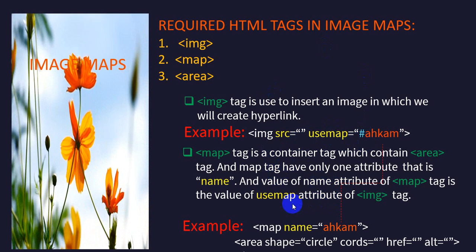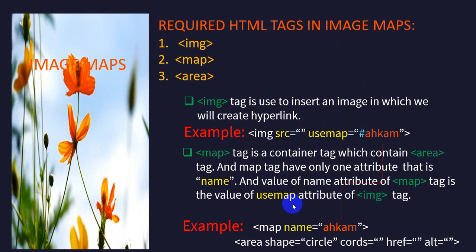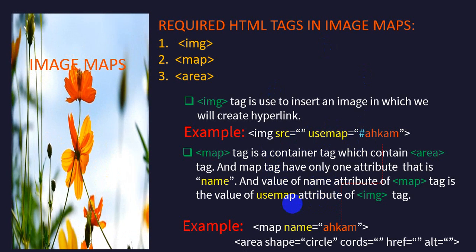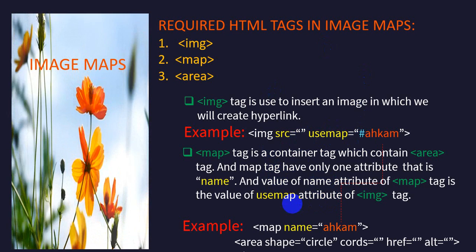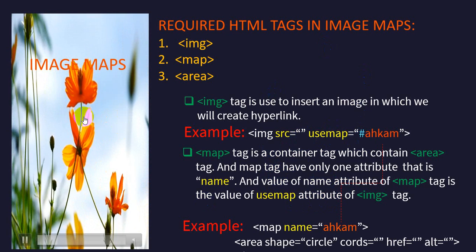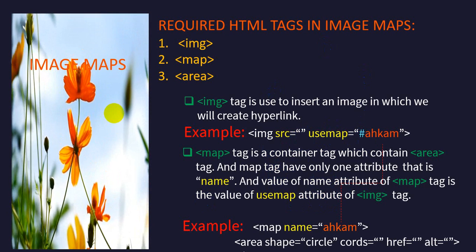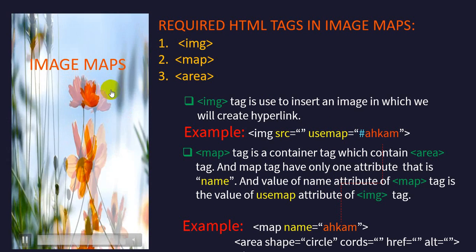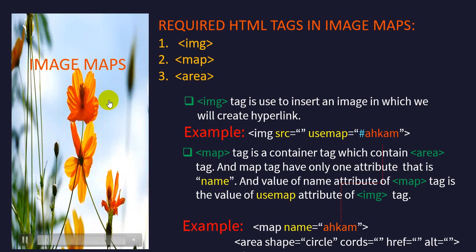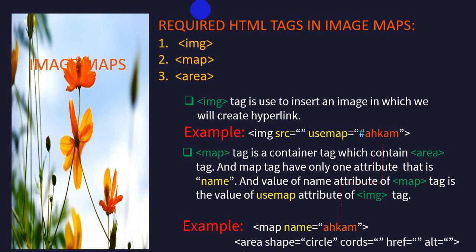Then, one important and big part is how we create a hyperlink. To create a hyperlink on different sections, we have to use the Paint application, in which we can select some coordinates. That we will see in our next lecture.